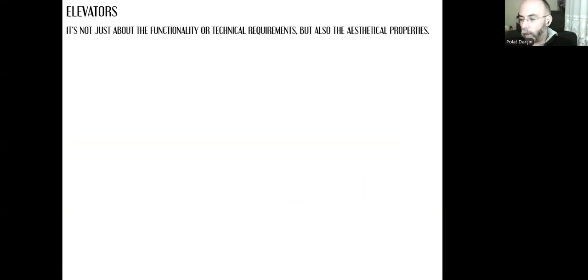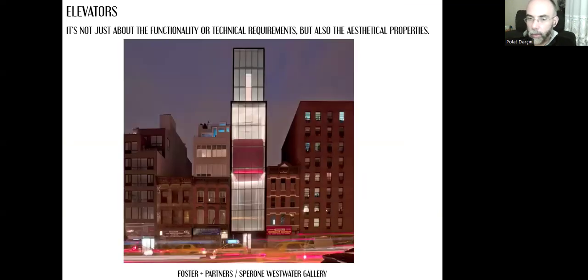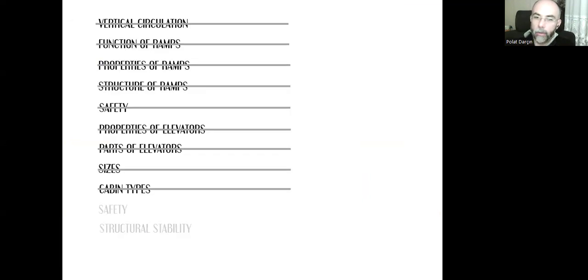Like the ramps, it's not just about functionality or technical requirements, but also the aesthetical properties, like this design of Foster Partners. The elevator is the facade of the building, and it's very interesting. It has a very good effect on us.